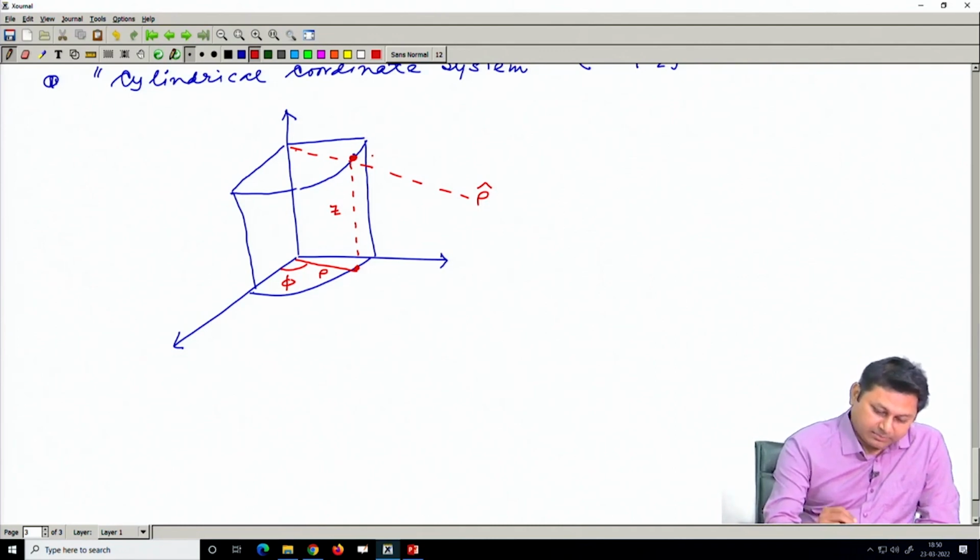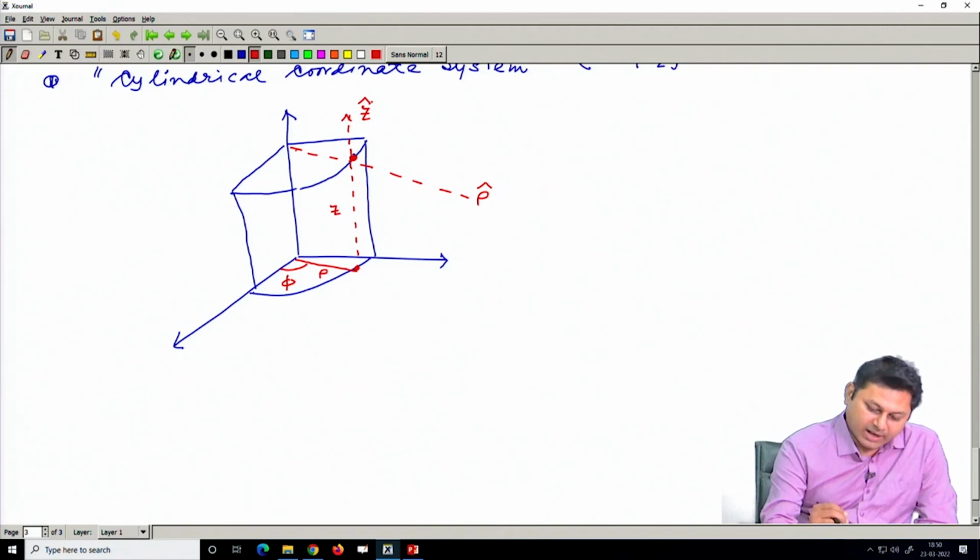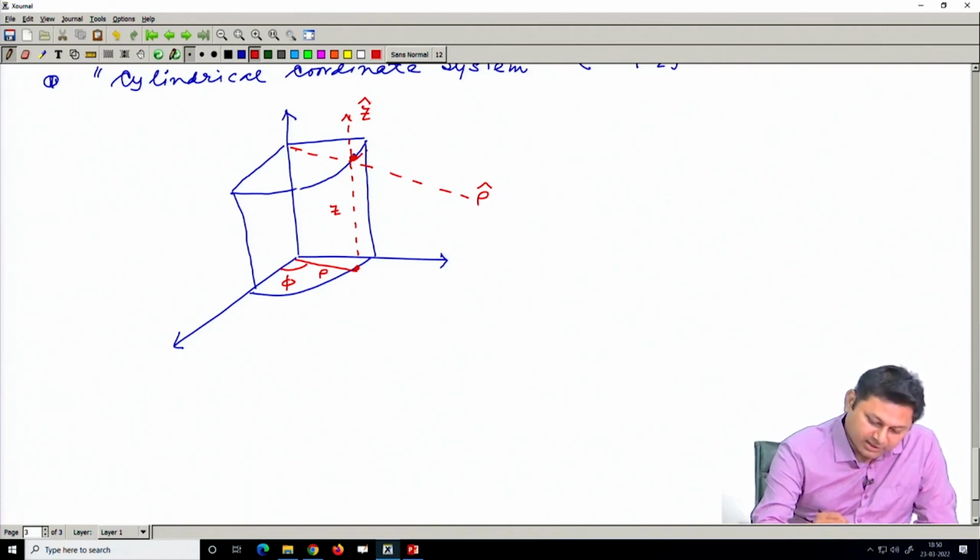So if I now define the unit vectors, z will be as usual in this direction, this is the unit vector z, this is rho, and phi will be along this tangential direction. So this will be my phi unit vector.